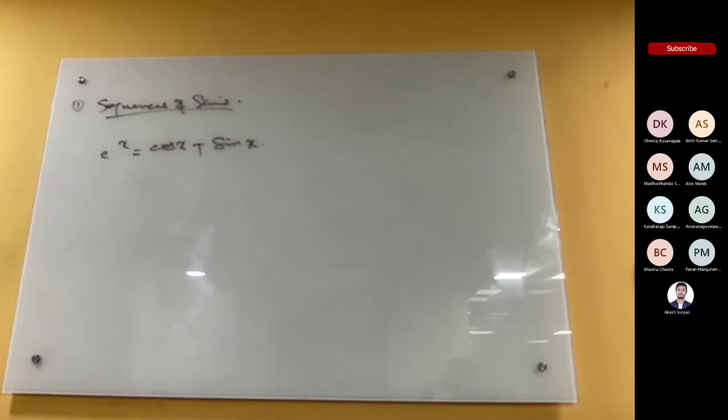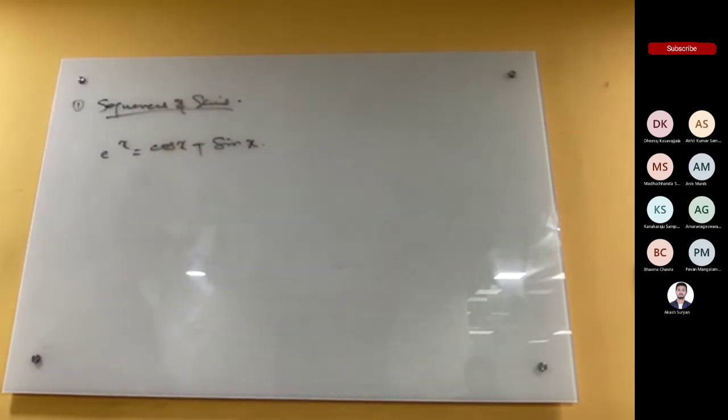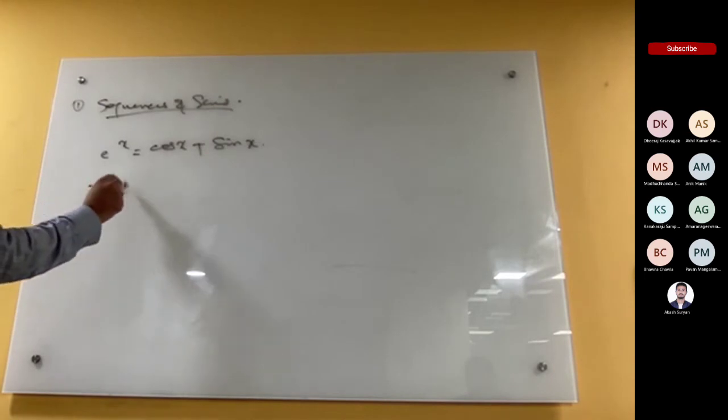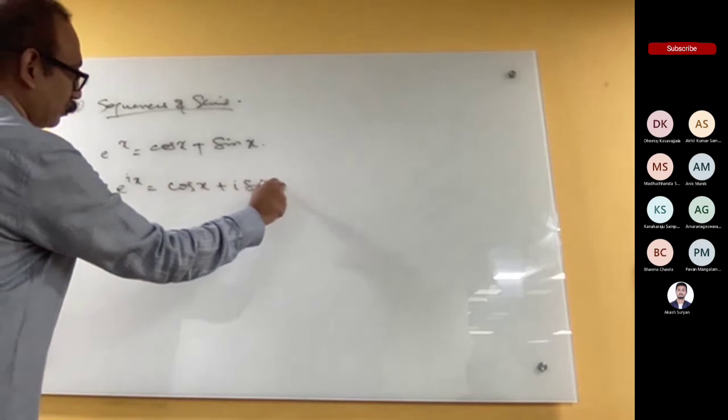When you do the Taylor series expansions, this is what you will get. So e power ix equals cos x plus i sin x.